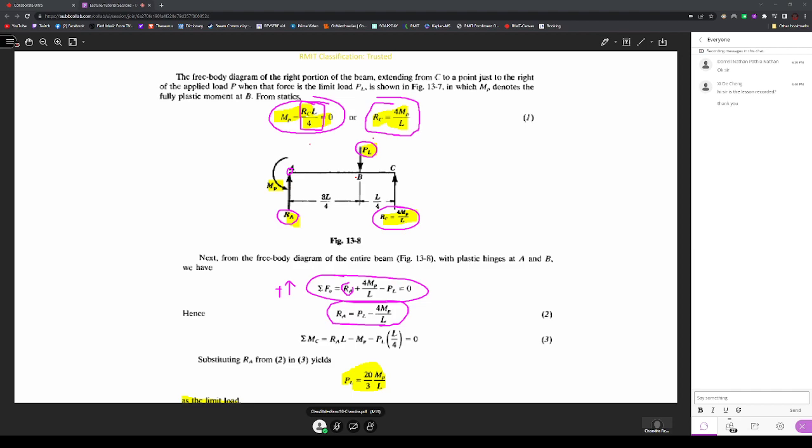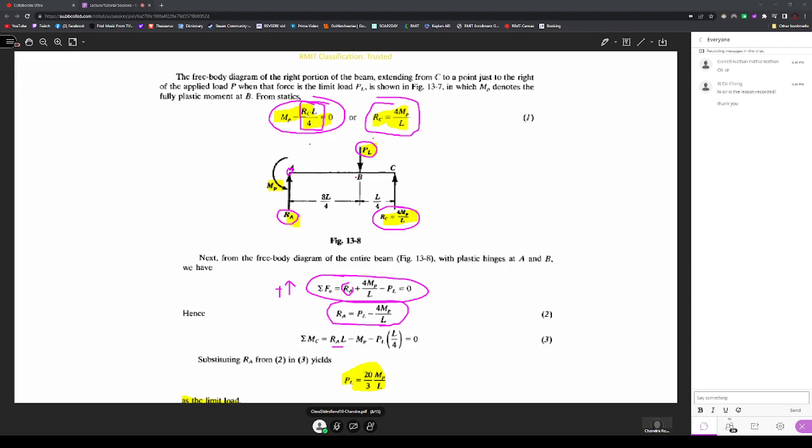Then we need to find out the sum of the moments acting at C will be 0. So we apply the sum of the moments acting at C is 0. The reactionary force RA multiplied by the total distance L, minus the plastic moment at B, MP, then plus the moment due to PL into L by 4.